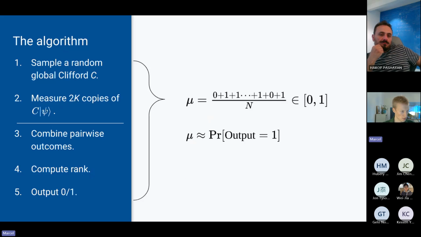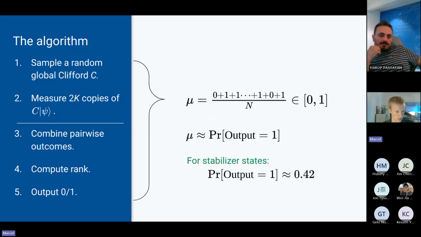Now, if you analyze the stochastic process and assume that the input state, your psi here, was some stabilizer state, then you can actually compute exactly analytically with what probability you should see the output 1.